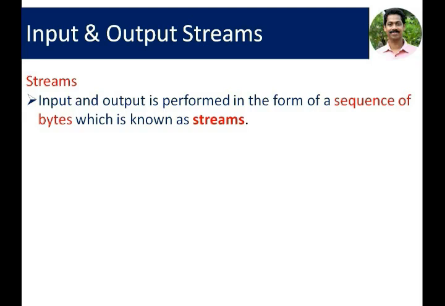Streams usually come from keyboard to memory, go from memory to display, go from memory to disk, and come from disk to memory. Every flow of data bytes between memory and I/O devices, input-output devices, is called a stream.